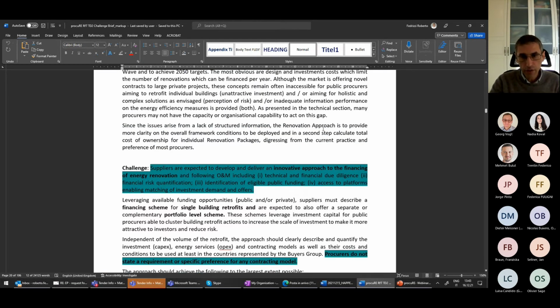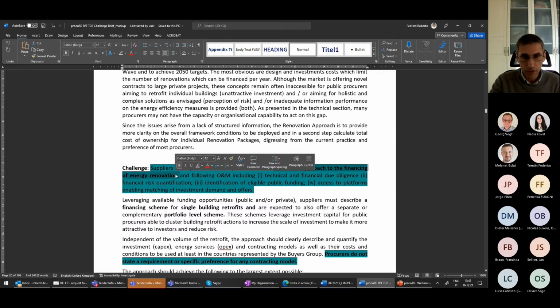Finally, last challenge is towards the economic sustainability of the solutions, of the investment. We also look for innovative approaches to financing the energy renovation.